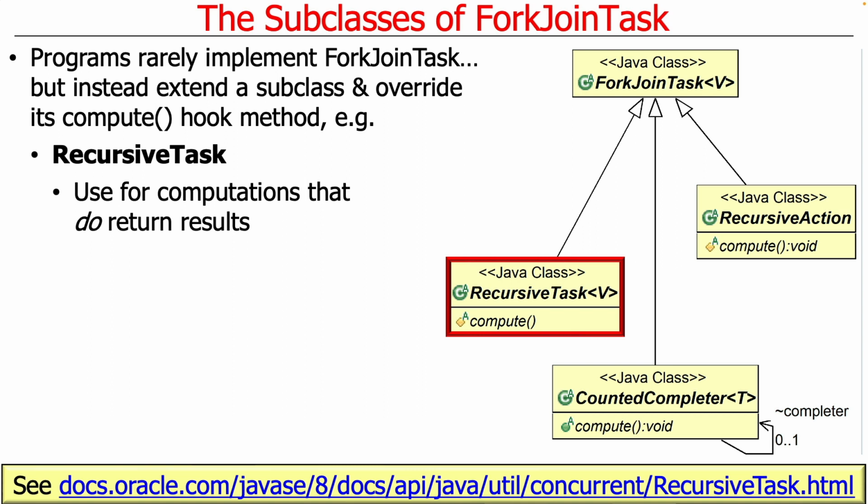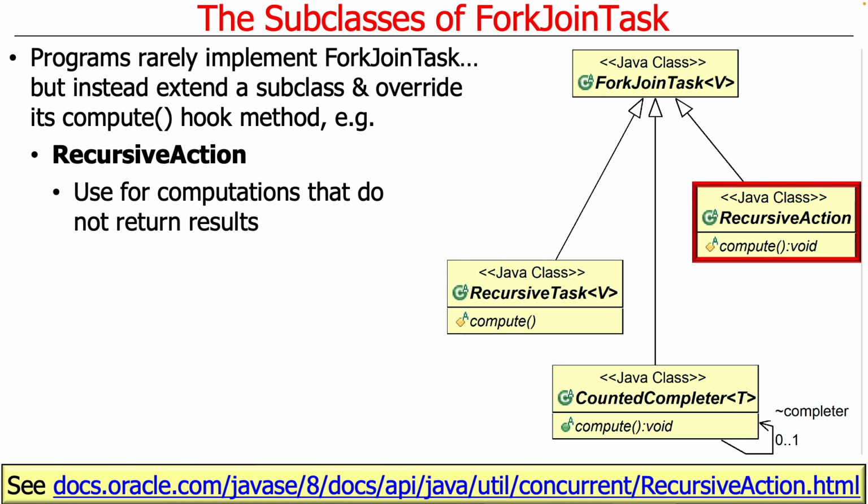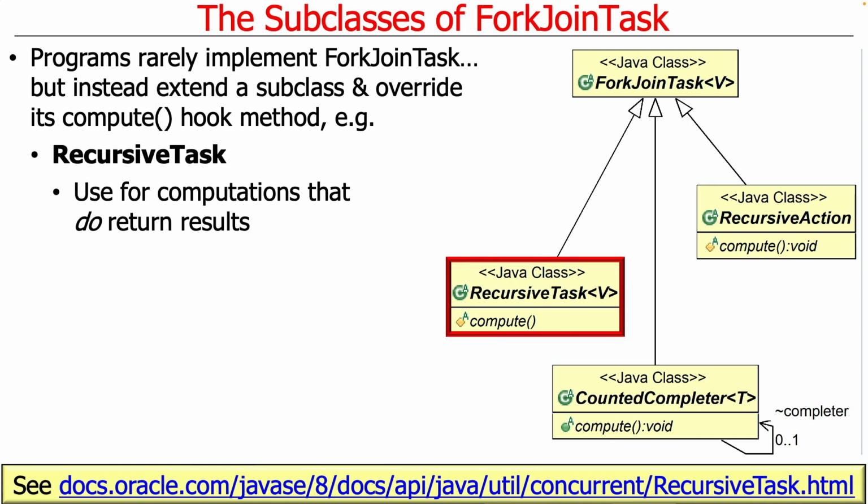The next model, which is probably more common in many cases, and certainly you'll get a chance to play with it, is RecursiveTask. And this is used for computations that do return results. So you can see here that unlike RecursiveAction, which did not take any parameters, the RecursiveTask takes a parameter V, which is the return value from compute.